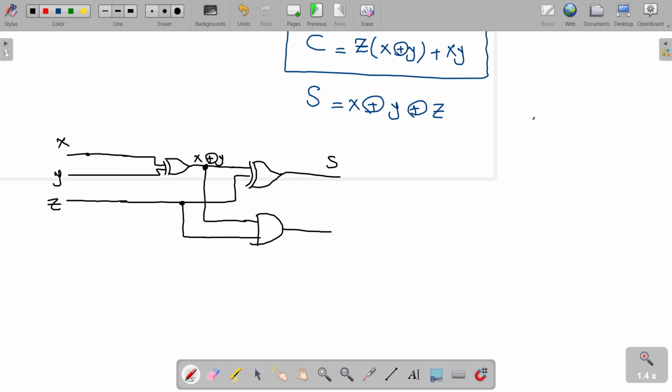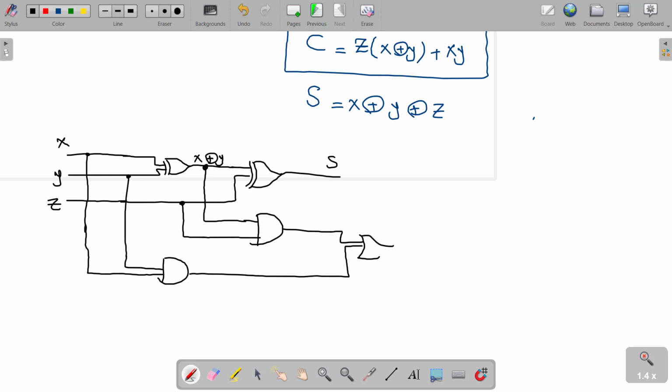This is x. This is y. And so at the end, these two are ORed together to find the C. Okay, so excellent.